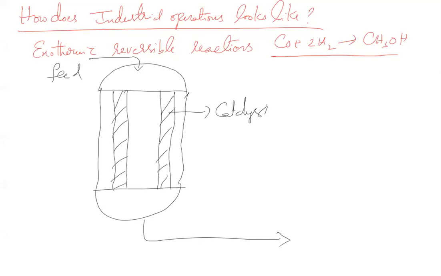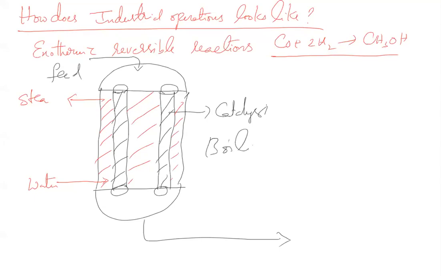This is open here, so the gas goes on here. What goes on the shell side is, let's say, water, and what comes out is steam. So this entire thing is water and steam. This is called a boiling water reactor. Terminology is not required from a GATE point of view, but just for understanding.